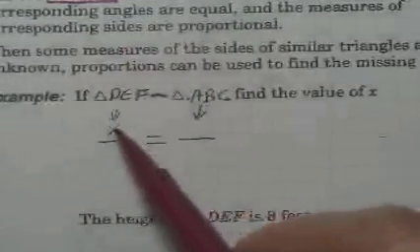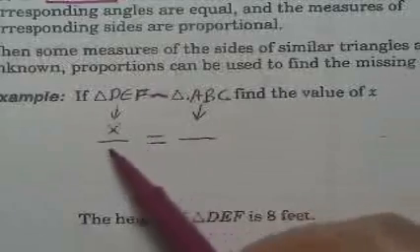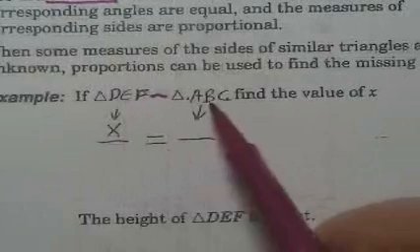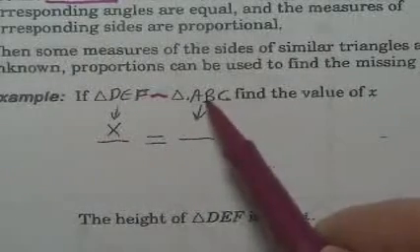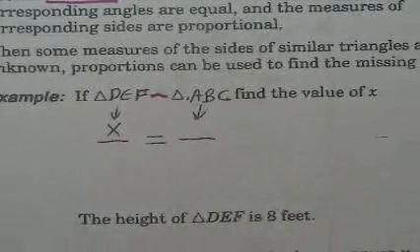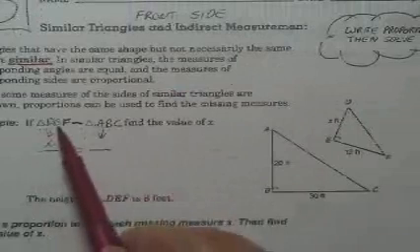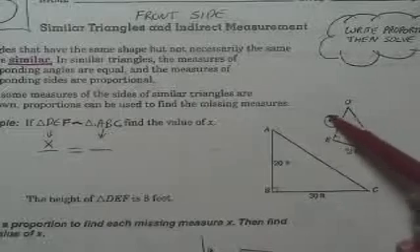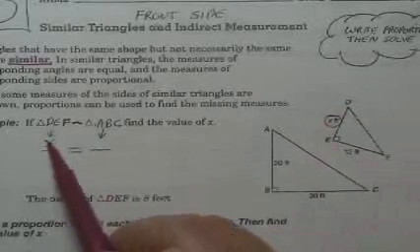Now, this is for triangle DEF. We're going to make a fraction of the sides of DEF, and over here, we're going to make a fraction of this triangle. Looking at DEF, here's D, E, and F. This is X right there. I'm going to put this up on top.